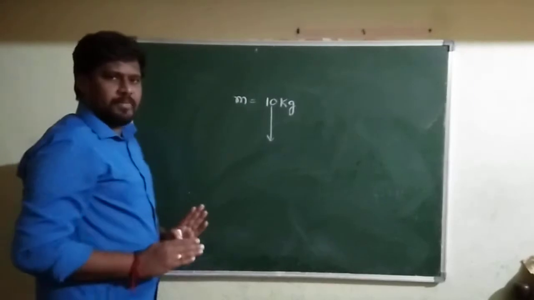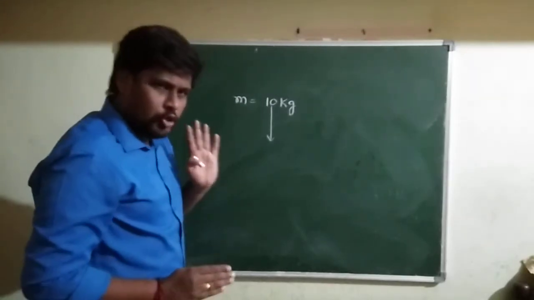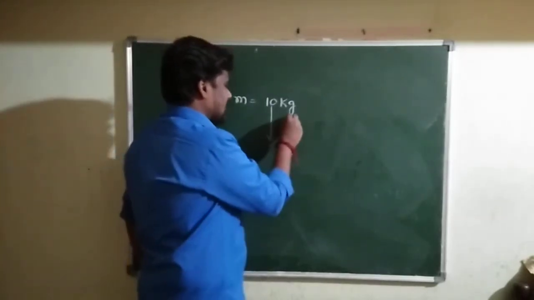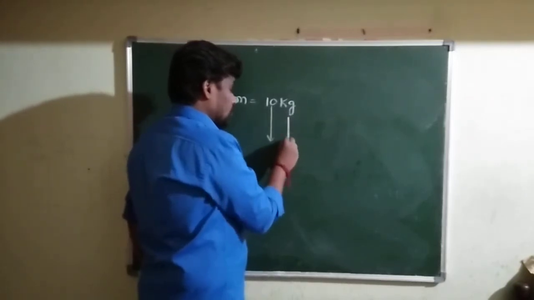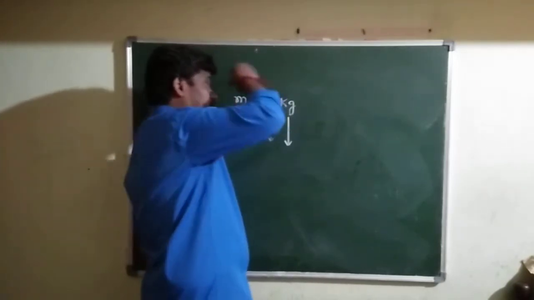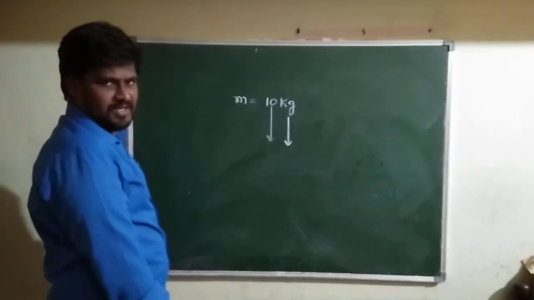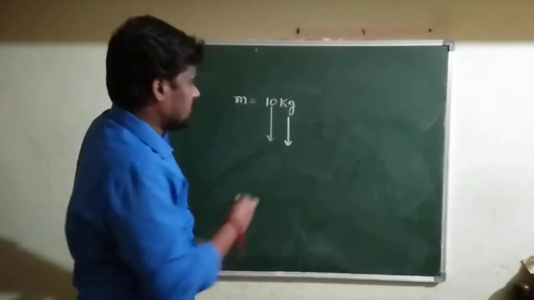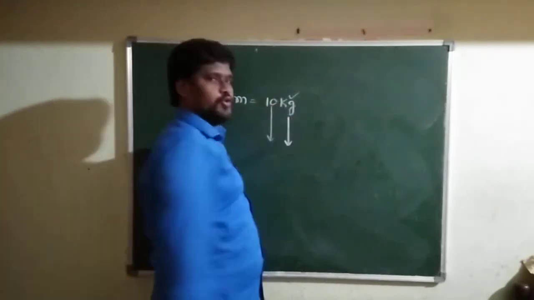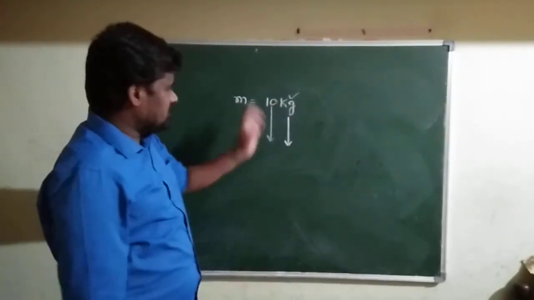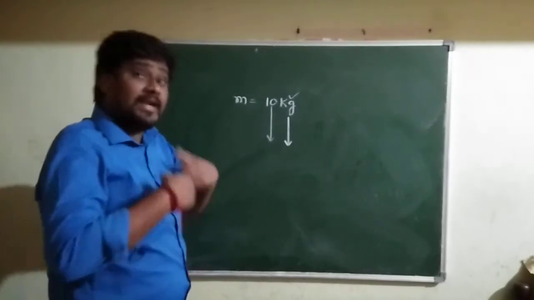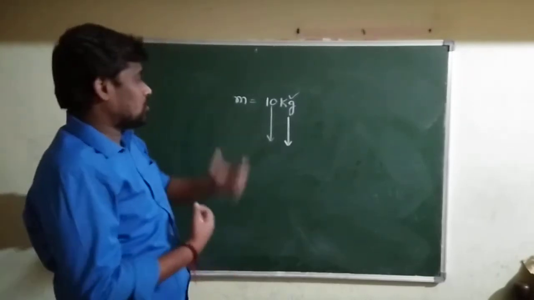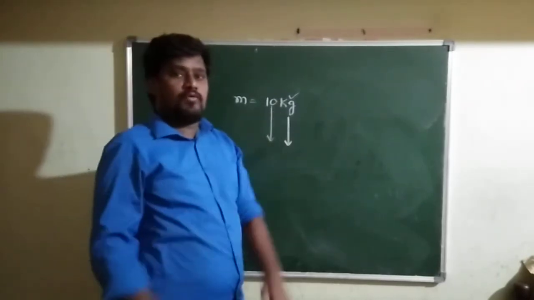The second part is always the unit of that measured physical quantity. Here you measured mass, therefore kg is the unit of mass. What is 10? 10 is the magnitude of the mass, also called the numerical value of the measurement.